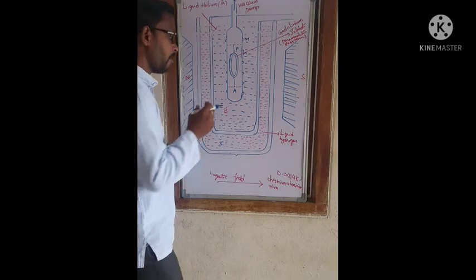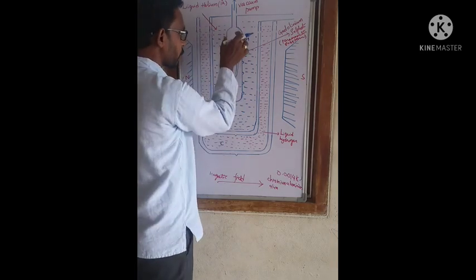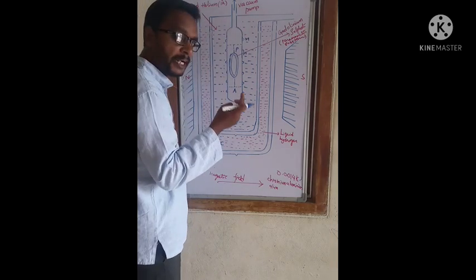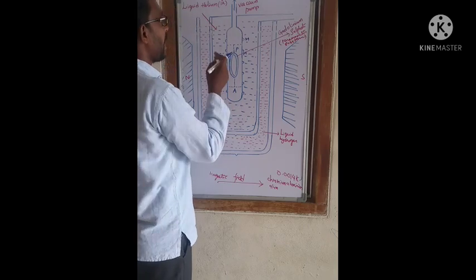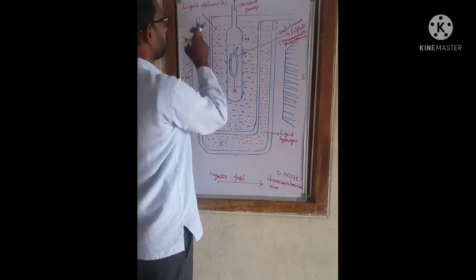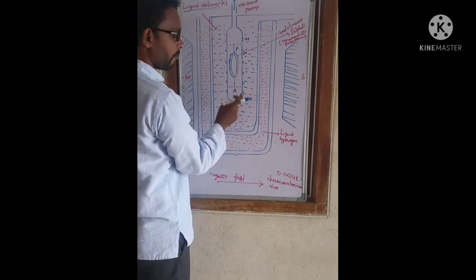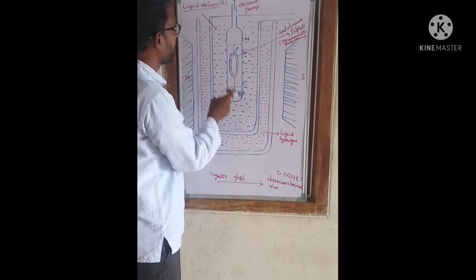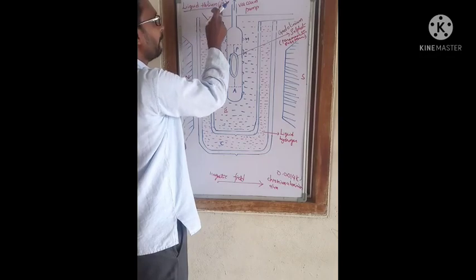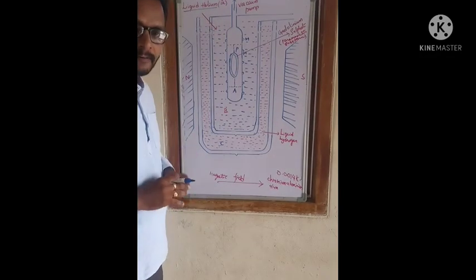Now this chamber A is surrounded by another liquid, liquid helium, which is at 1 degree Kelvin temperature.